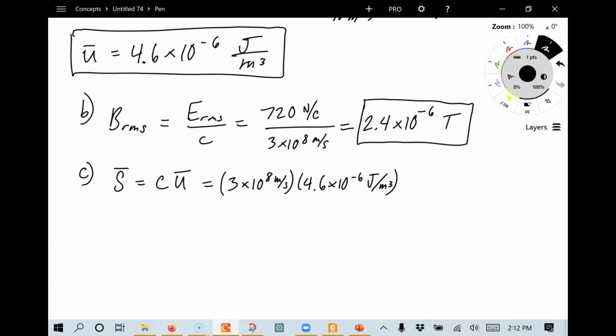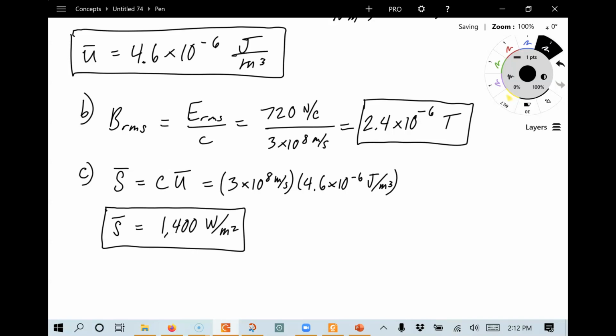And when we multiply that out, we'll get a value for the average intensity, which comes out to about 1,400 watts per meter squared. And so that is exactly what the average intensity of sunlight is at the top of the Earth's atmosphere, more or less. As it travels down through the atmosphere, it absorbs and scatters some of that light, and so it gets reduced, the average intensity that actually reaches the ground.